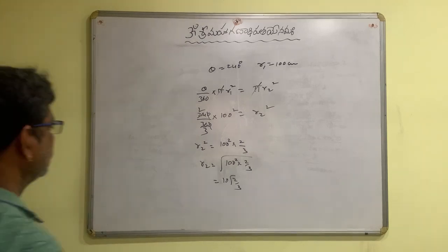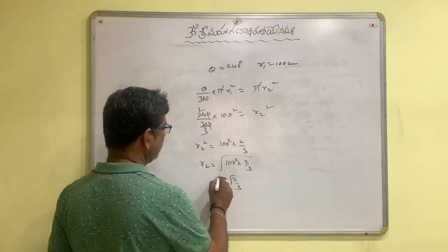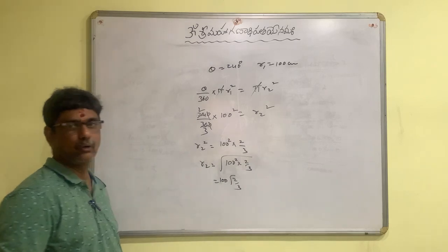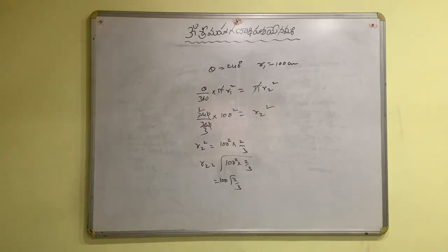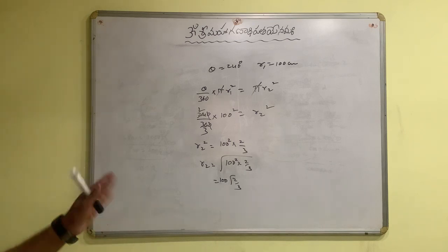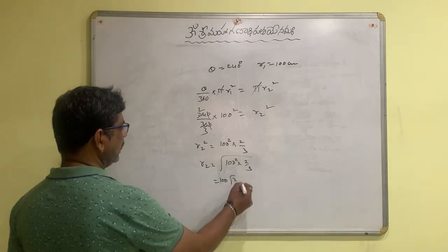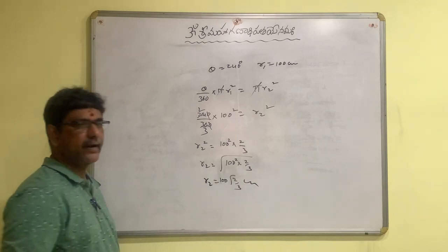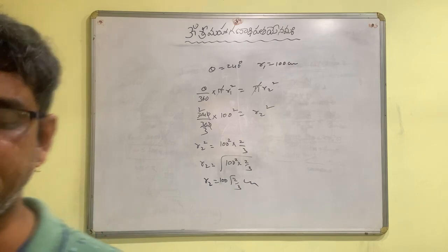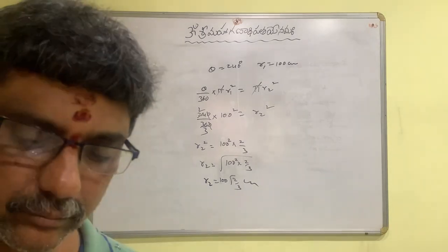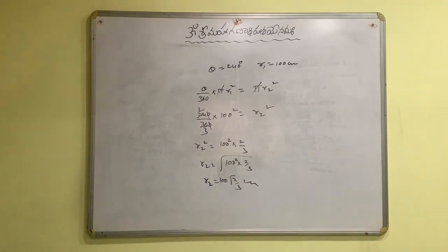So root over 2 by 3, you are not able to calculate, so simply write it like this only, centimeters. That's all. If he asks you in decimals, he will give you the value of root 2 by 3. Here he has not given it. Okay, children?